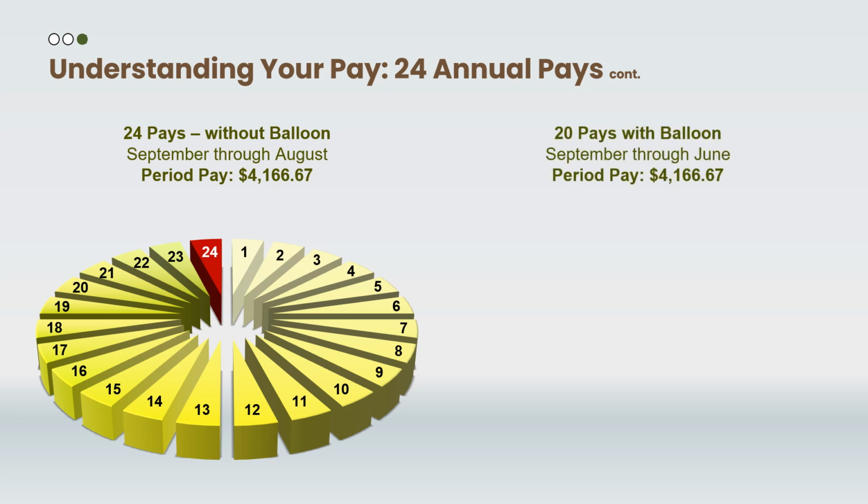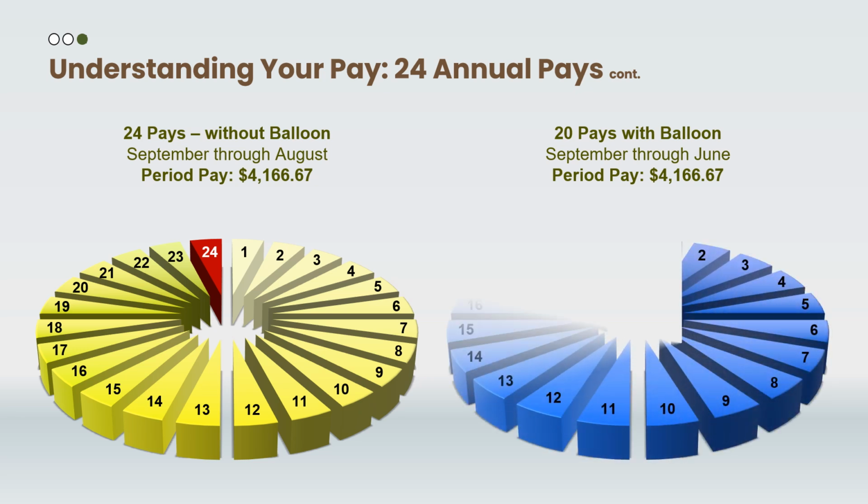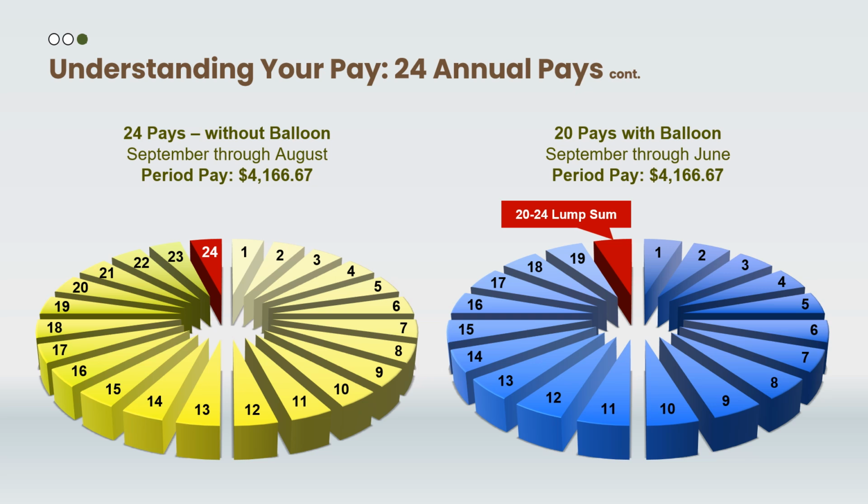Eligible employees who opt for the balloon payment receive 20 pays of their period pay. The final pay in June represents pays 20 through 24, as employees have chosen to receive a lump sum of their final June pay along with their 2 pays in July and 2 pays in August.